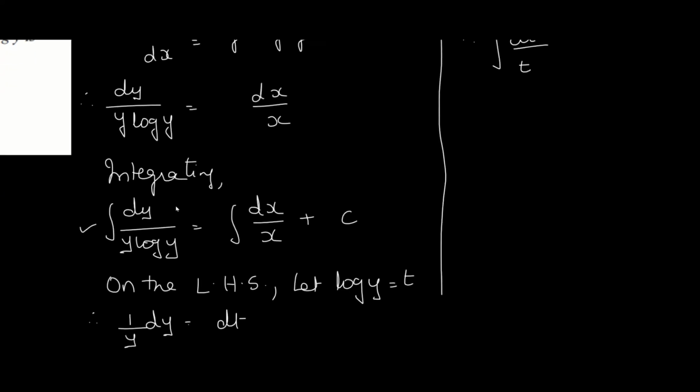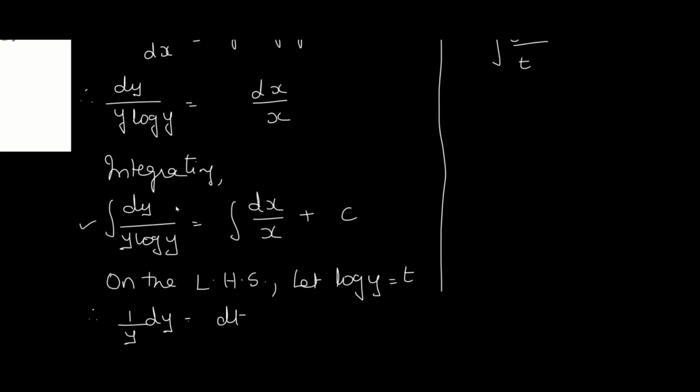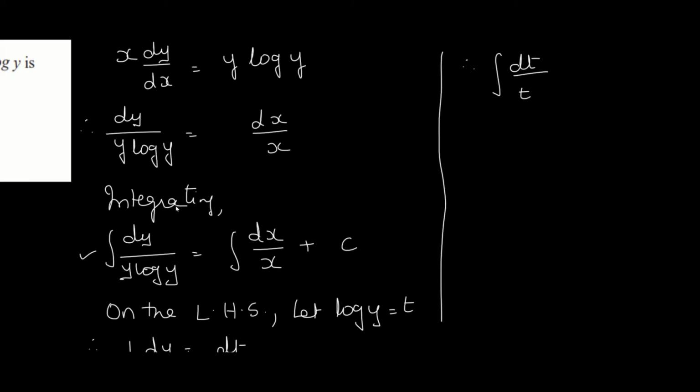So we substituted it that way. The right-hand side is the same thing for now. Then in the next step, integral 1 upon t is log t, and therefore we have log t is equal to log x plus c.